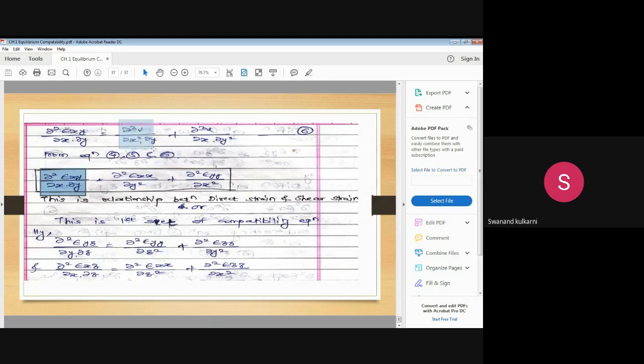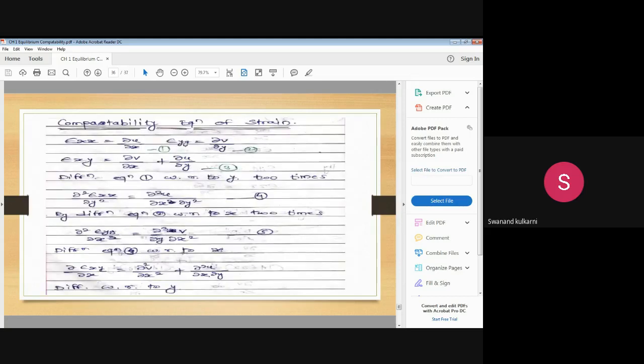And what is the right hand side? Two terms are present here. Out of these two terms, one term is ∂³v/∂x²∂y, and the second term is ∂³u/∂x∂y².